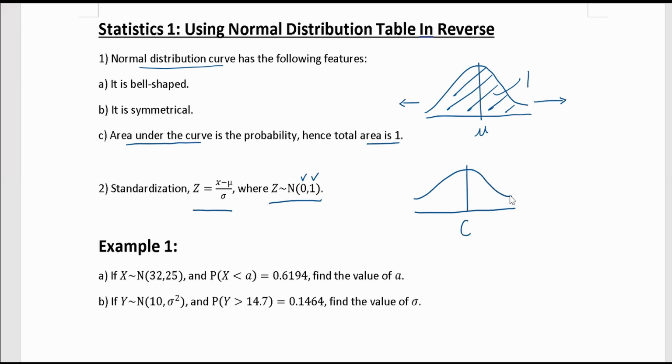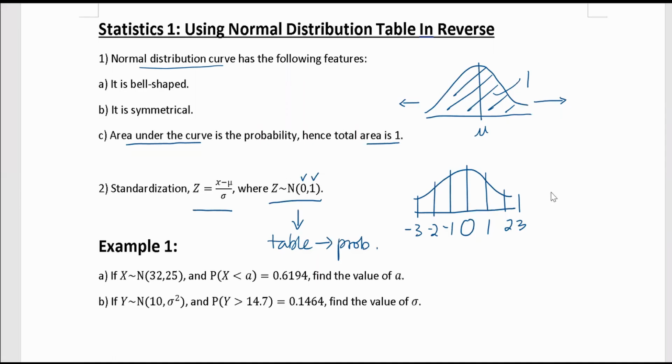Hence, we will have 3 standard deviations from the mean. And then we can refer to the normal distribution table to find the probability. Okay, so now we will look at the table, but we will use it in reverse.